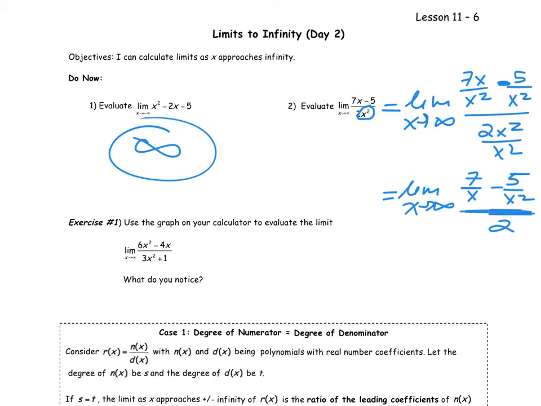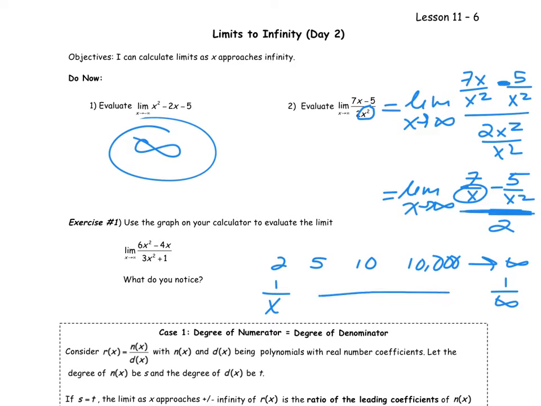Now, if you think about it, a number that approaches infinity, if it's in the denominator, and we actually did this in our previous lesson, if you guys remember, we had numbers like 2, 5, 10, 10,000, etc., and it's going towards infinity. And then we were looking at the fraction 1 over x. So if I have 1 over infinity, remember we said that that's equal to roughly 0, because you're doing a really small number on top, so 1 divided by a huge number on bottom, you're approximating that to be 0.